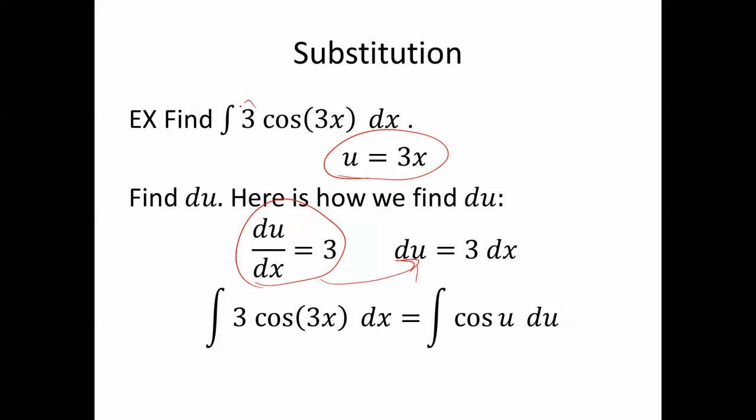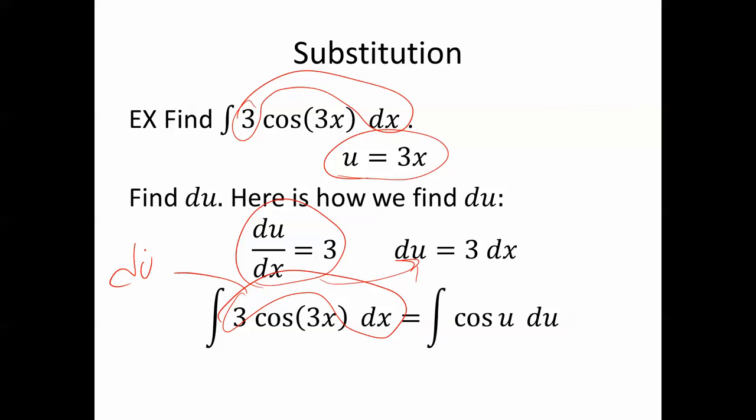So see this 3 dx over here? That is du. So now when we rewrite this in terms of u, what I've just circled here, 3 dx, is our du, and since 3x is u, cosine 3x is cosine u. You're probably not going to understand this the first time through, but that's okay.